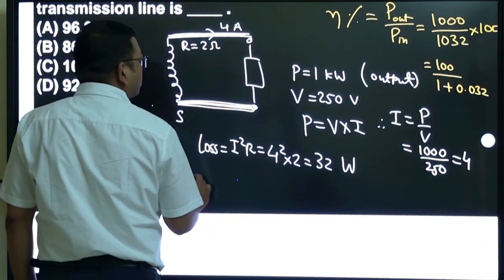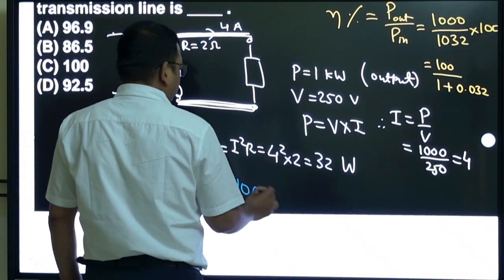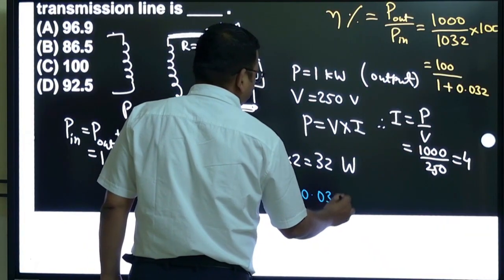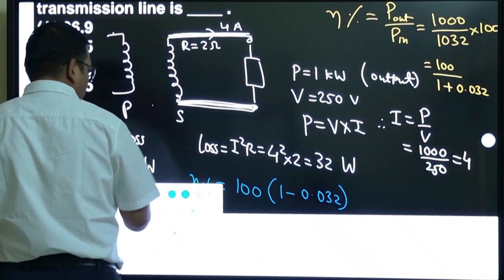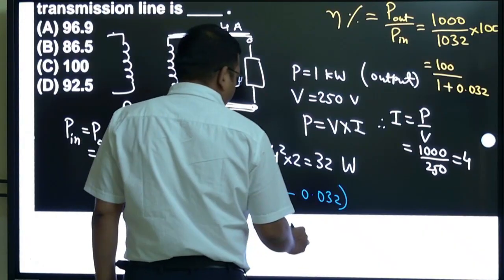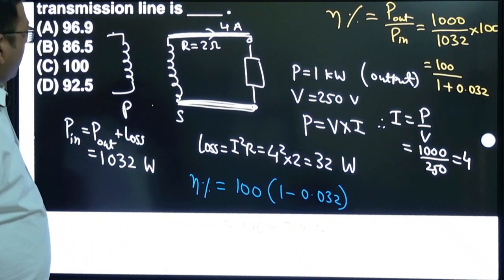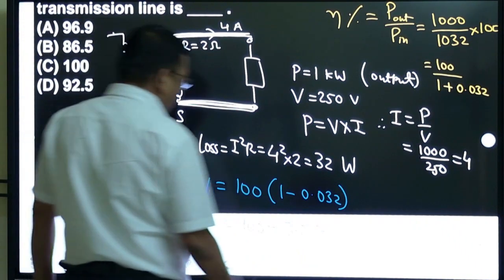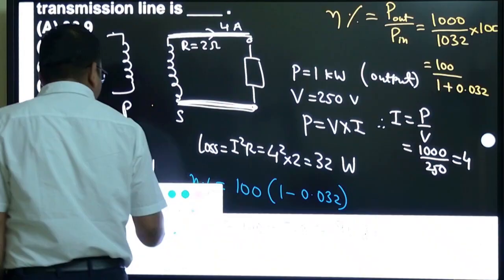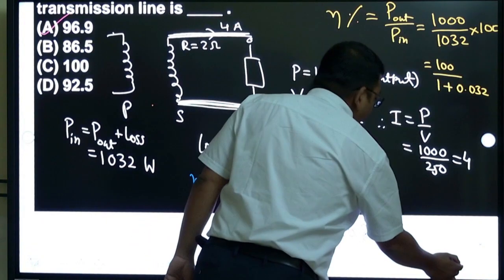So percentage efficiency can become equal to 100 into 1 minus 0.032. Approximately how much will it become? Let us calculate: 100 minus 3.2, nearly 96.8. So you can go with the first option, 96.8. Fine. Let us move to the next question.